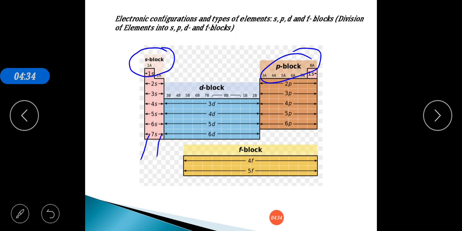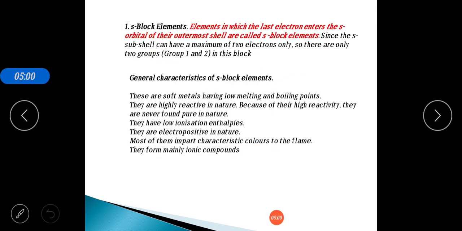It's from group 13 to 18. D block elements are from group 3 to 12, when the last electron enters the d orbital. F block elements are those in which the last electron enters the f orbitals.